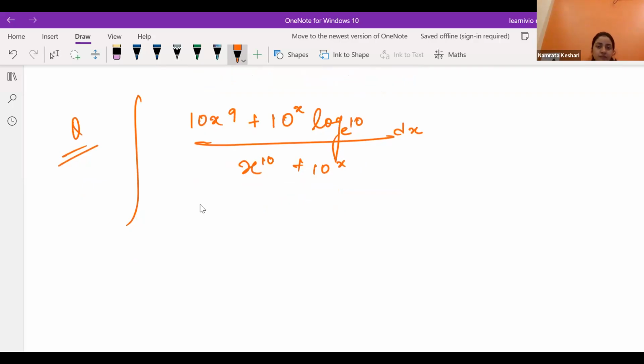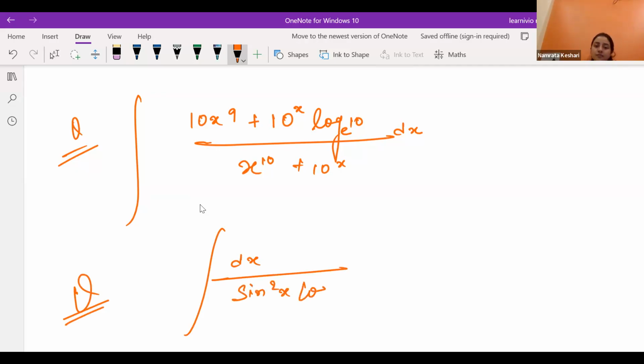We should take the denominator as u. When we take the denominator, automatically we get the numerator. Right, Annapurna? Yes. Now, the last one, if we are having dx over sine inverse sine square x cos square x, what will we get?